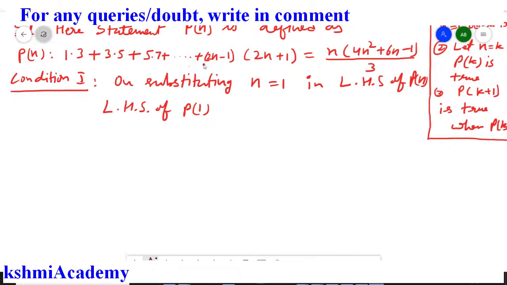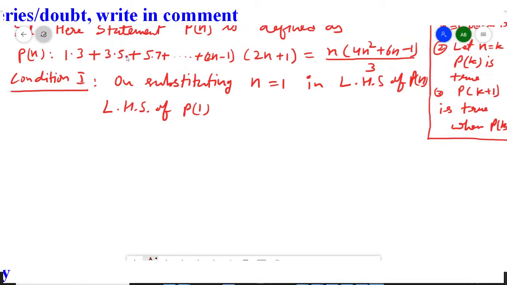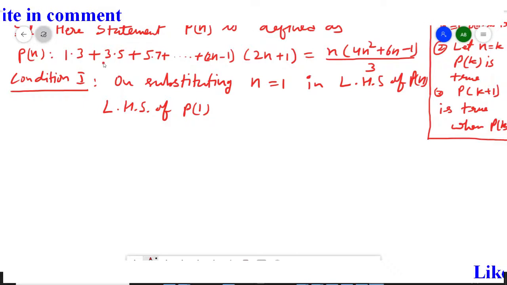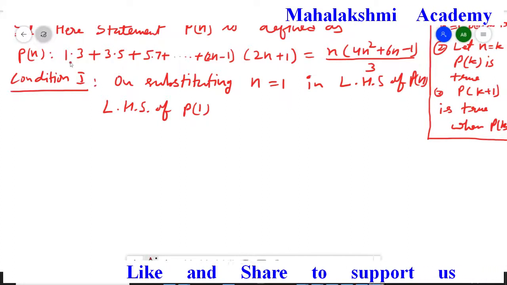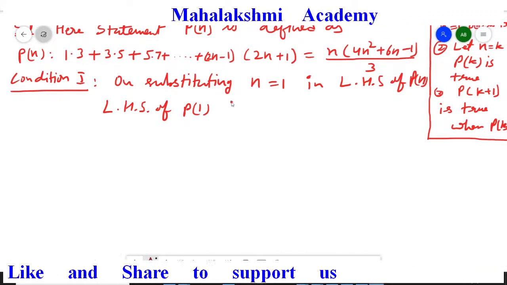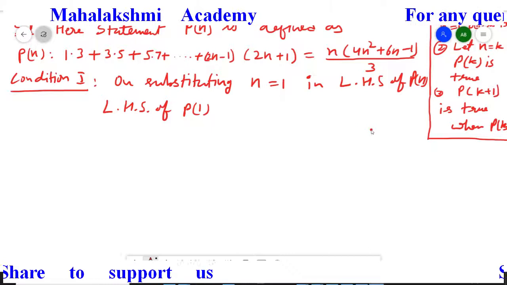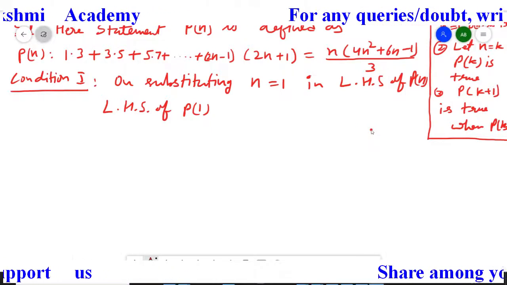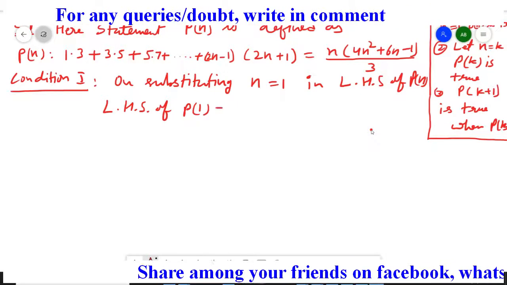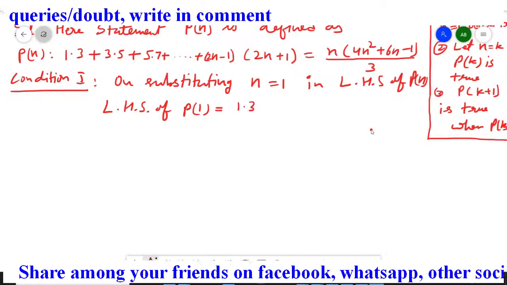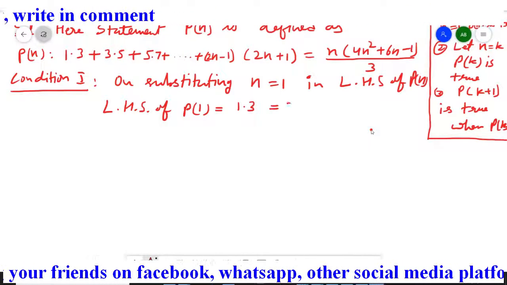Like this it will continue, and if you take n terms, then the complete left hand side you have to take. Since I wrote only 1, from the left hand side of the series I will take only the first term, that is 1 multiplied by 3. So the left hand side of P1 is equal to 1 multiplied by 3, equal to 3.